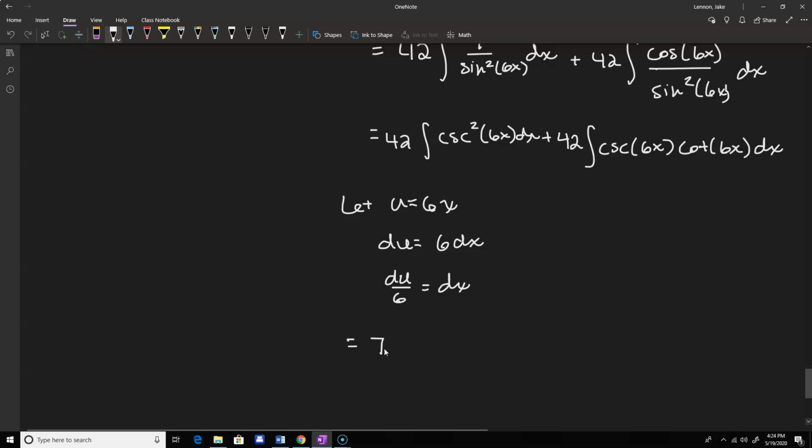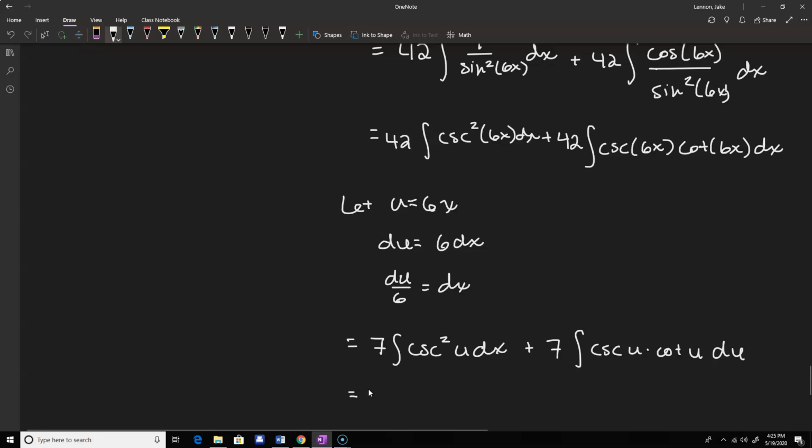So we have 7 times the integral of cosecant squared u du plus 7 times the integral of cosecant u cotangent of u du. And those are both basic integration formulas.